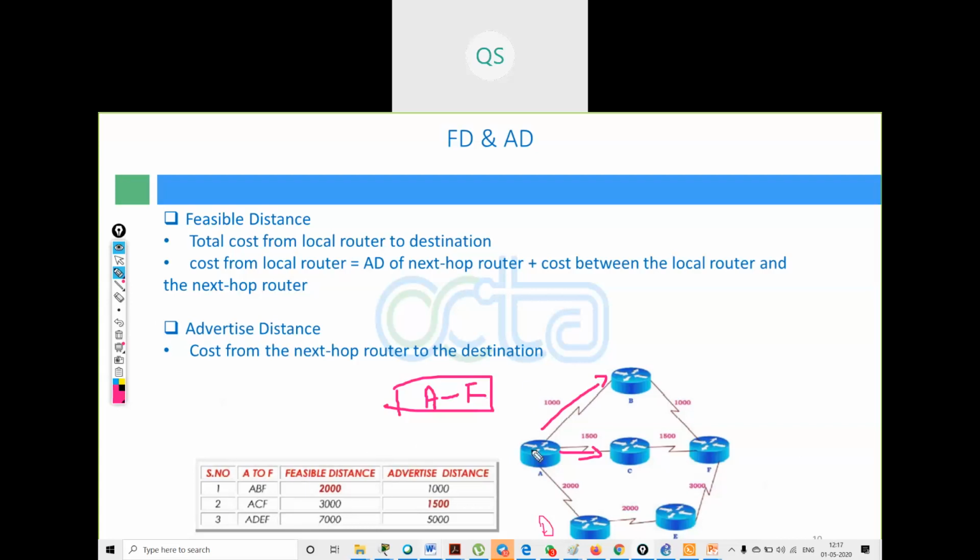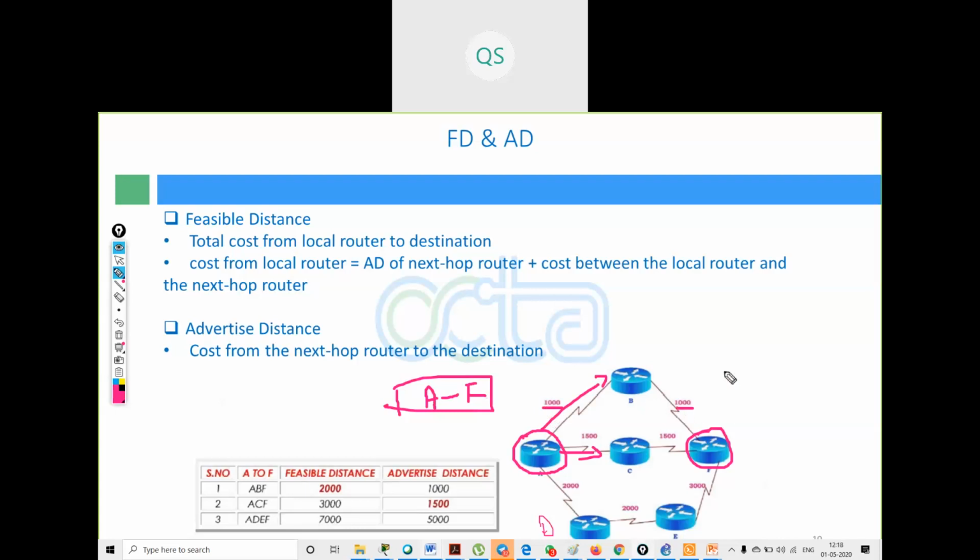So feasible distance is the distance from my source to destination. How much is my distance from source to destination? If I calculate from A to B, the distance is 1000. From B to F, the distance is 1000.